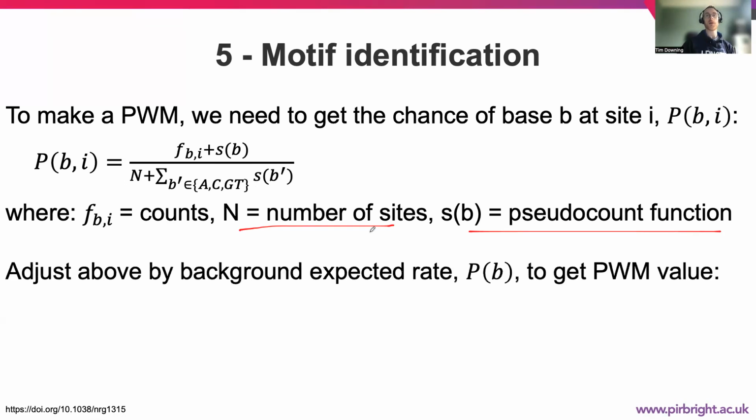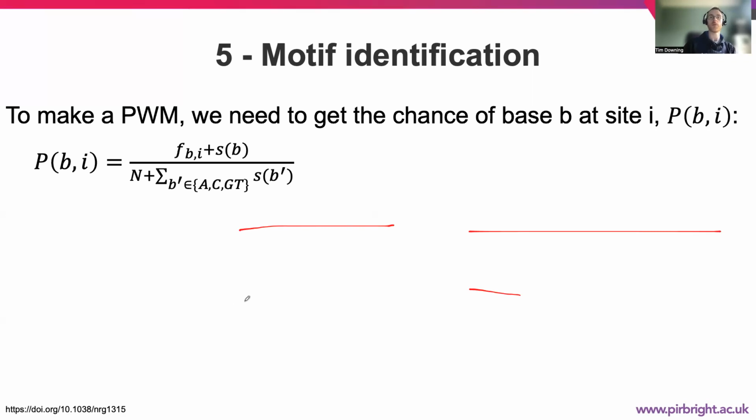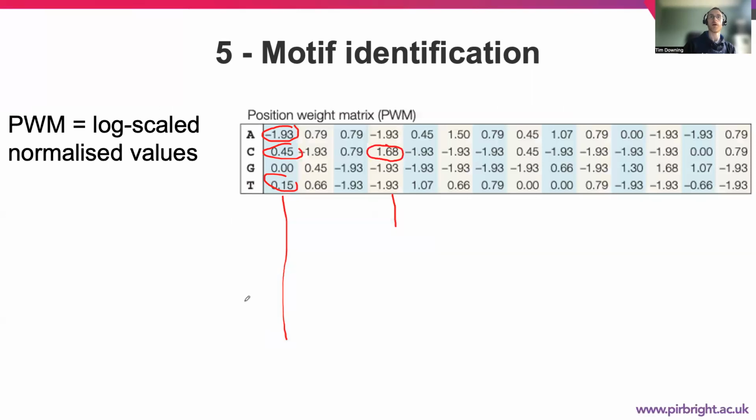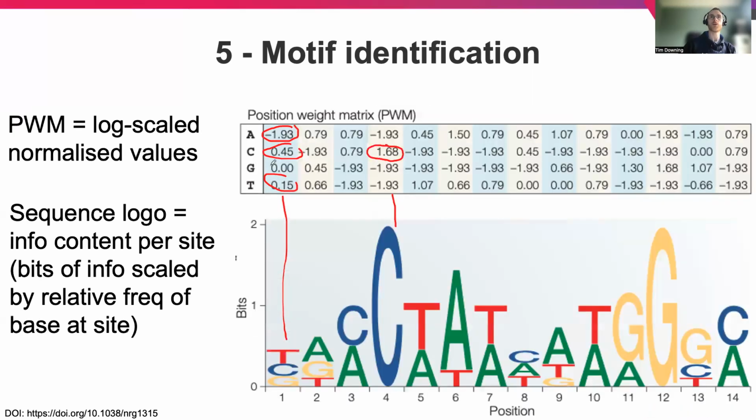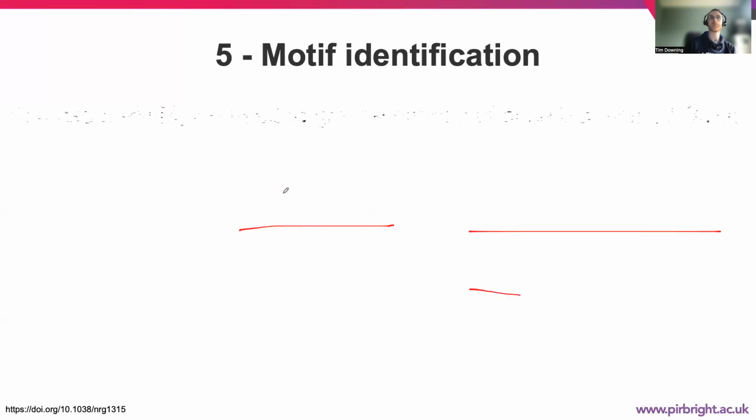We scale this by the background expected rate for each base to get the position weight matrix value, which is log 2 scaled. That's why, if we look at site 1, we have relatively equal numbers of T and C, and yet when we put them into the position weight matrix, you see that C is slightly more common than T, scaled for the background rate.